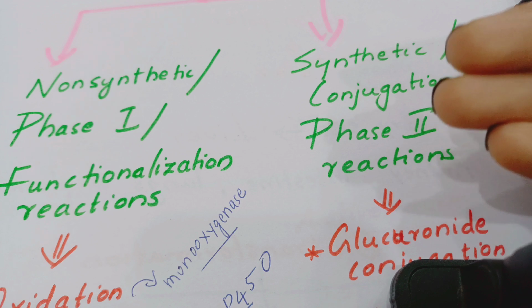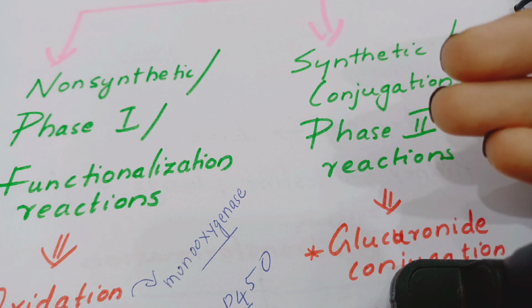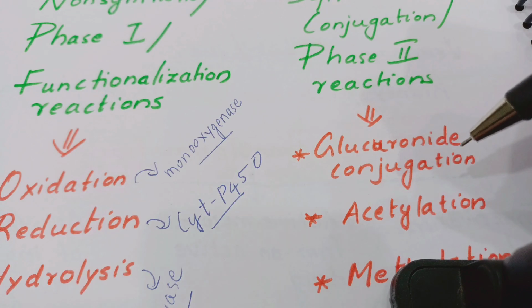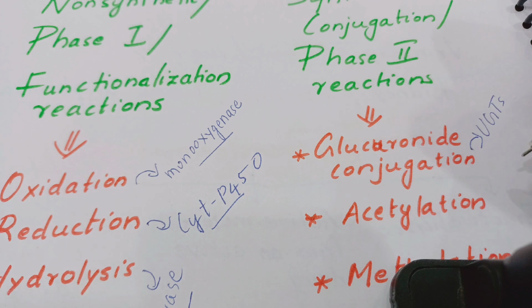Now let's take a look at what are the phase 2 reactions or the synthetic reactions. First one is glucuronide conjugation. Glucuronide conjugation is one of the most important synthetic reactions and is carried out by a group of UDP glucuronyl transferases or UGTs. UDP glucuronyl transferases are the enzyme which is used in glucuronide conjugation.